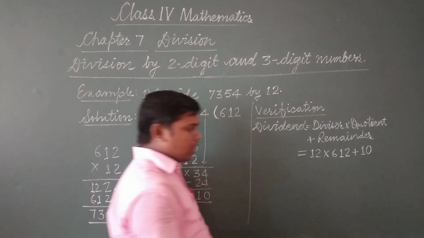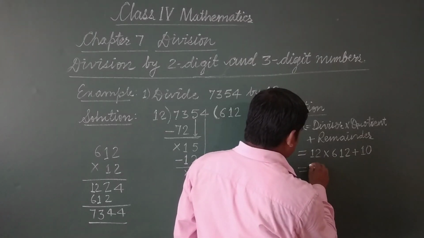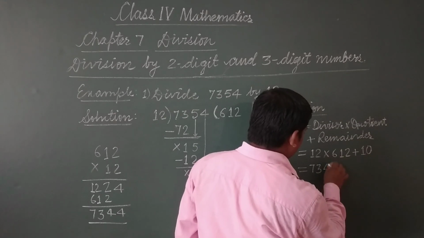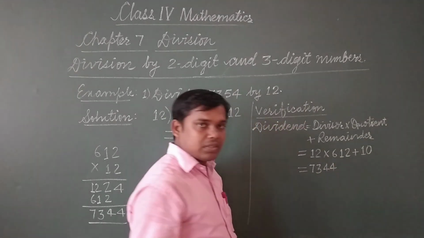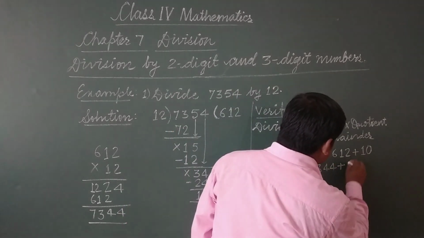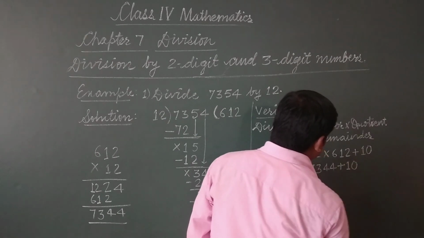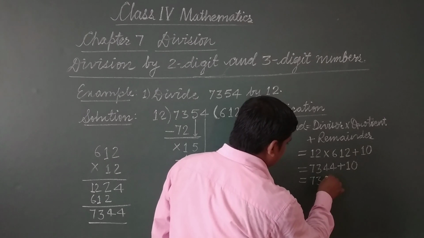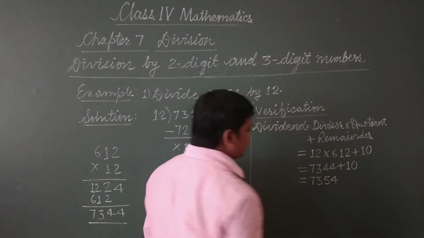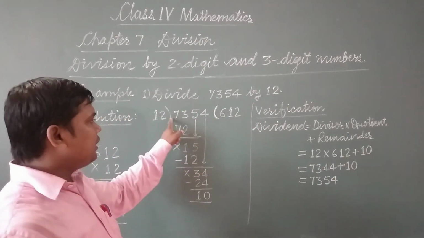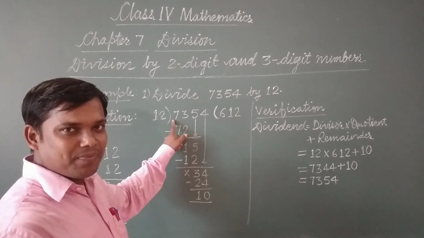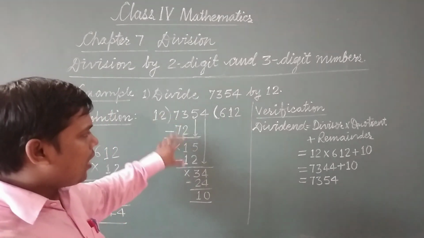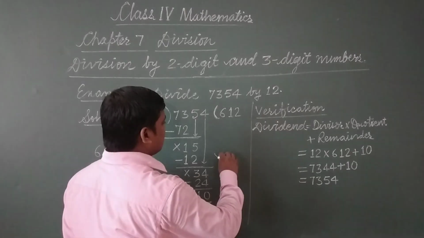Means our product is here 7,344. Then we write plus 10. When you add, you will get 7,354, which is equal to dividend. It means our division is correct.